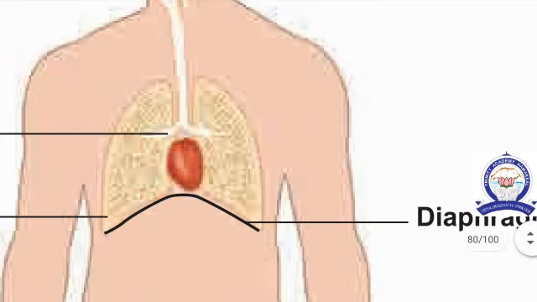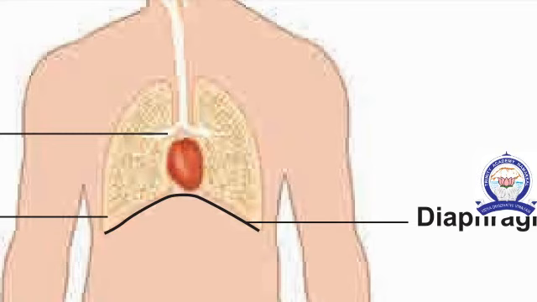Then internal respiration: taking in oxygen and giving out carbon dioxide. The circulatory system means blood. Blood transports oxygen and carbon dioxide to and from all parts of the body. The oxygen is supplied by hemoglobin, which passes through the red blood cells.